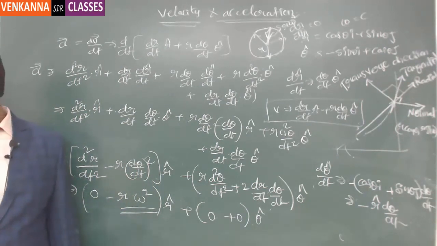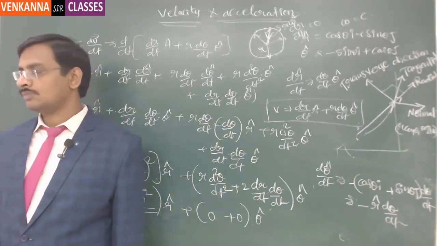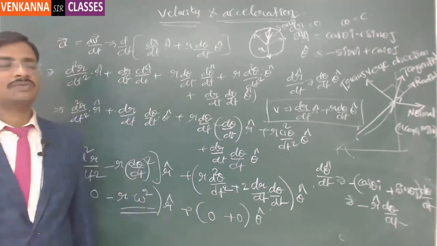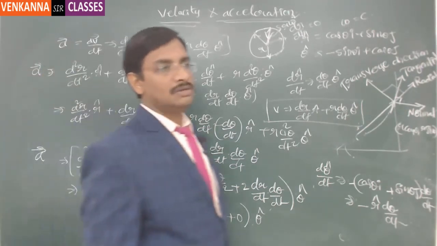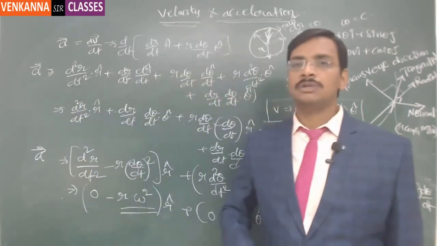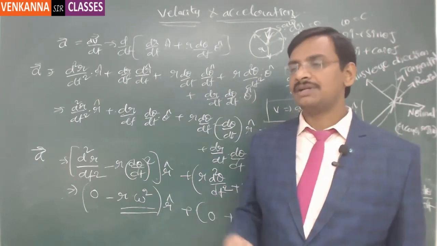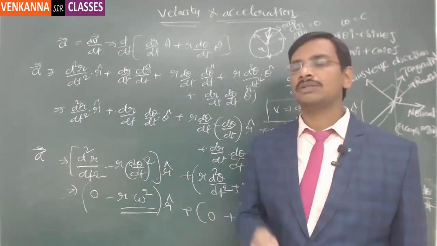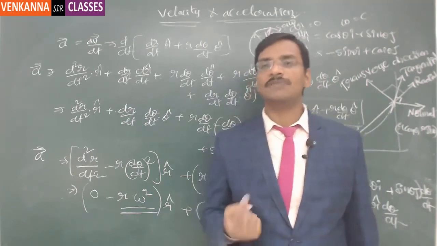Understood? Right, so this is one of the very important understandings. Because when we deal with circular motion in dynamics, we always think the acceleration direction is tangential to the path of the travel, but it may not be. The direction of the acceleration may be different than that.